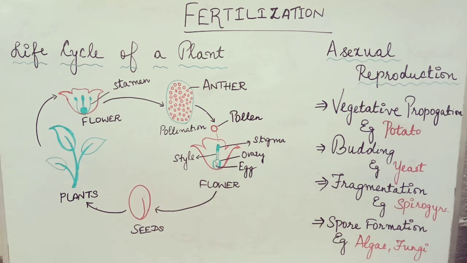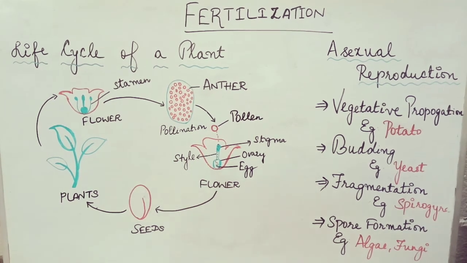Next one, spore formation. Examples: algae, fungi, moss and ferns. These produce spores under unfavorable conditions. What are unfavorable conditions? The scarcity of water, high temperature, nutrition deficiency in soil.